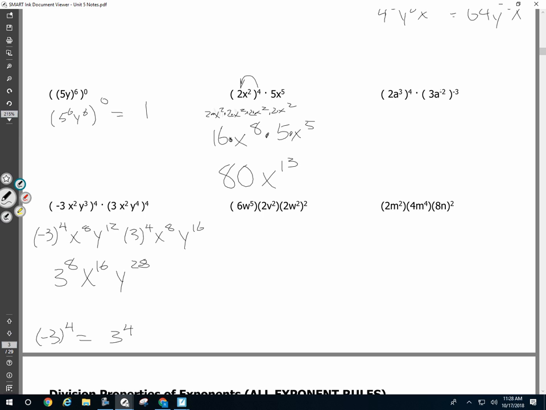Because I know negative 3 to the fourth will give us a positive number. Negative 3 to the fourth is the same as positive 3 to the fourth. I can simplify those 3 to the fourth to be 3 to the eighth.